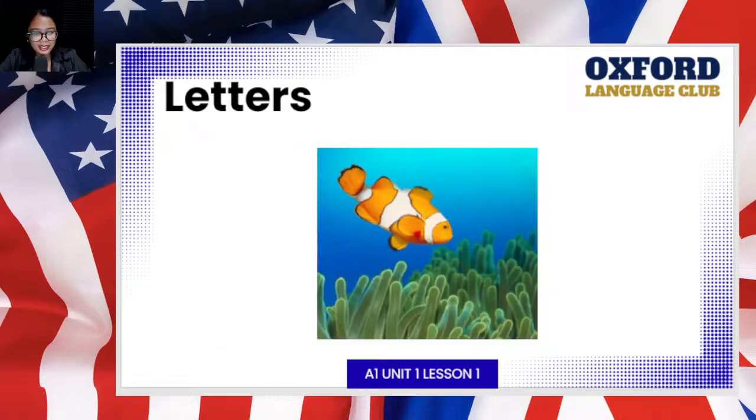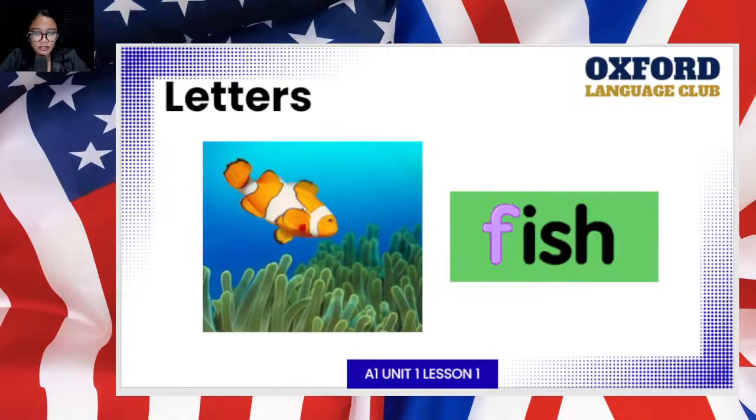This is Nemo. This is not Nemo. Yes, it's part of the movie, but we're talking about letter F here. What species does Nemo belong to? That is fish. Again, fish. What is our letter?